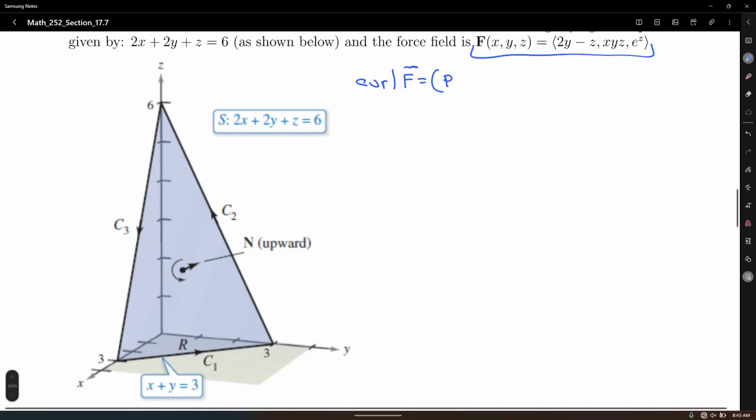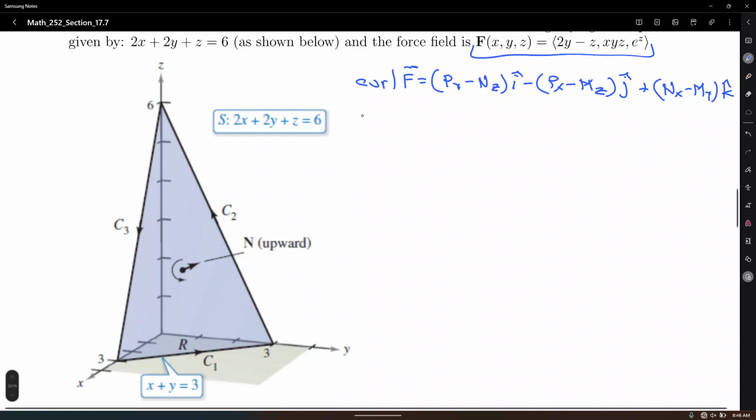That's P with respect to y minus N with respect to z, i, minus, what's that? P with respect to x minus M with respect to z, j, plus N with respect to x minus M with respect to y, k. Okay?